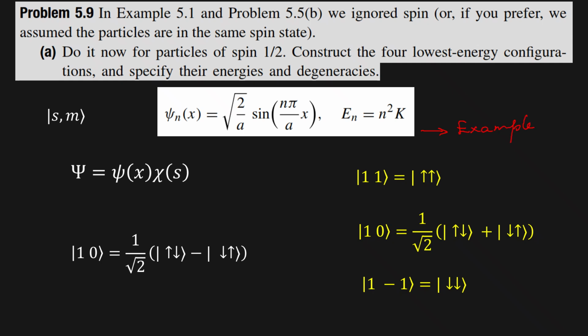This is the wave function and this is the energy level, the nth state energy level, where K is pi squared h-bar squared over 2ma squared.